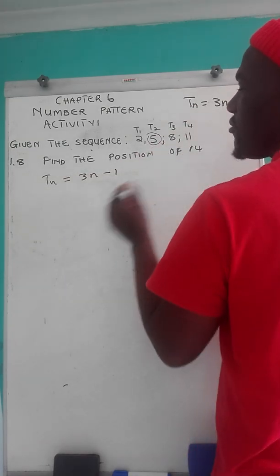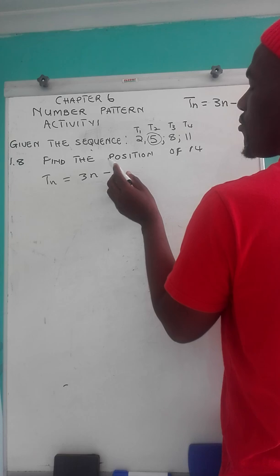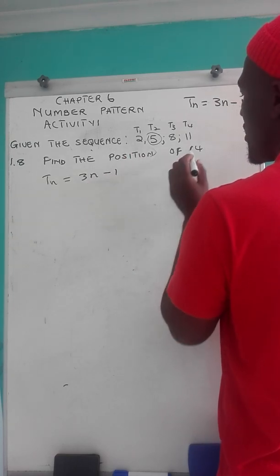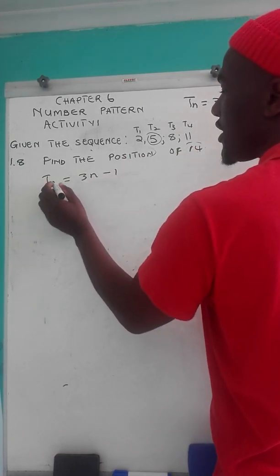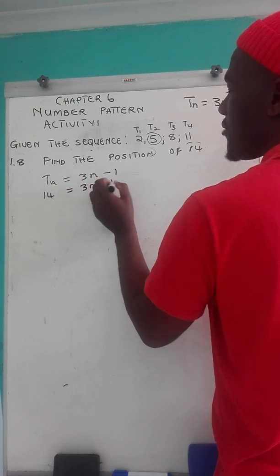That is the general formula. Now, when they want the position, they need n. So you substitute 14 where you see Tn. 14 equals 3n minus 1.